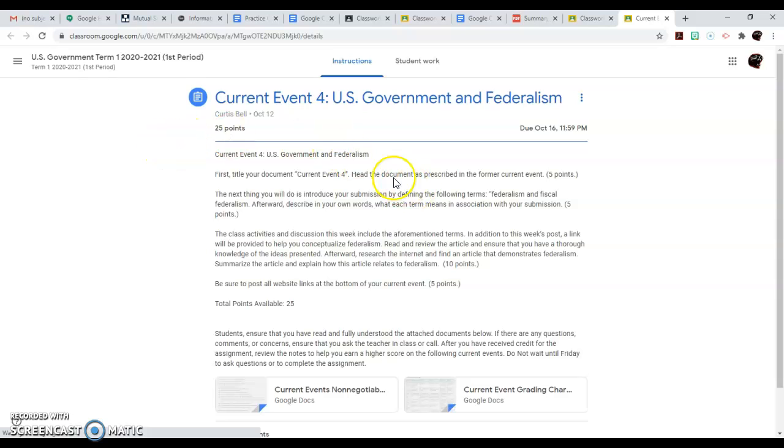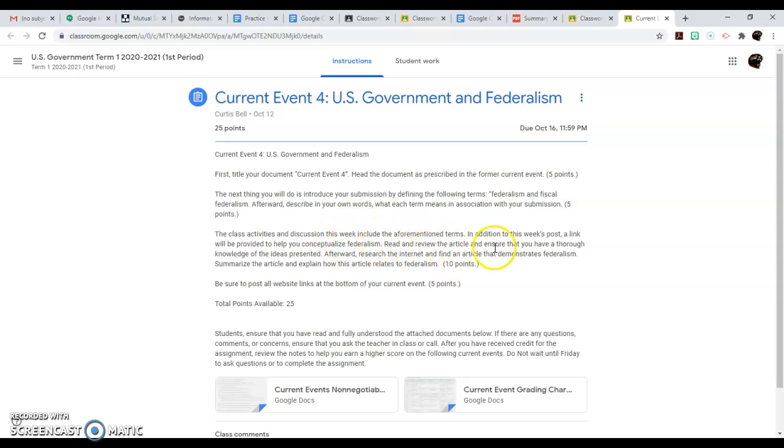So for this post, of course, you're going to title it the same, making sure your header and heading is correct. I want you to look in and you see that you have 2 definitions. That's federalism and fiscal federalism, and you want to make sure that you describe in your own words. After you watch the federalism videos, you will understand what federalism is in its entirety.